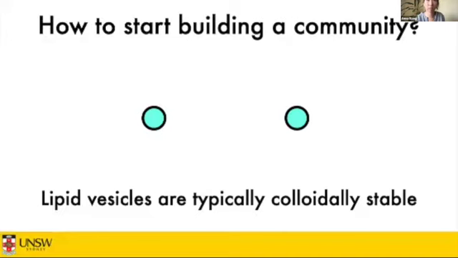Just for context, my background is physics, so I literally think of things as circles and spheres. And the thing that jumps out to me about lipid vesicles, or these bilayer lipid membranes that surround our cells, is that these structures are what we call colloidally stable. If you have a bunch of oil droplets suspended inside water, or water droplets suspended inside oil, and you leave it for long enough, those droplets will coalesce into a separate phase.